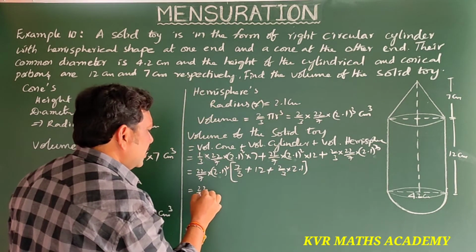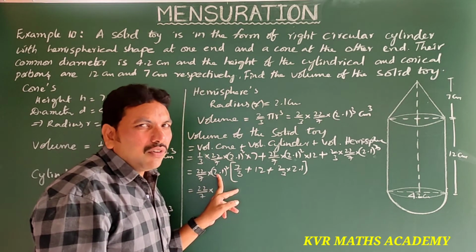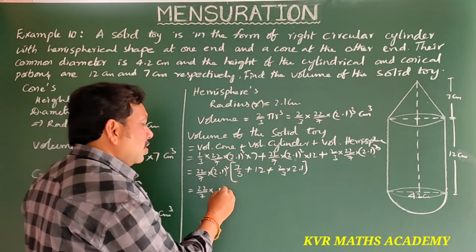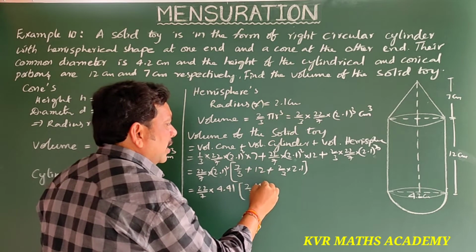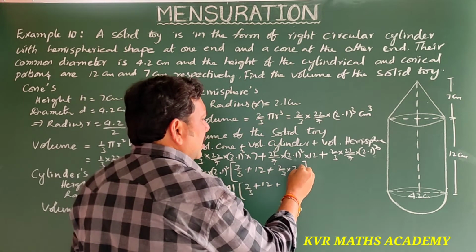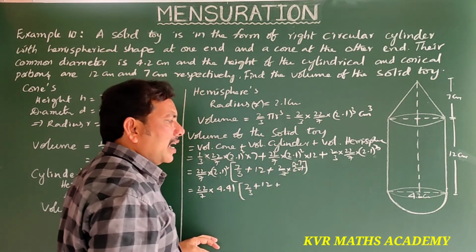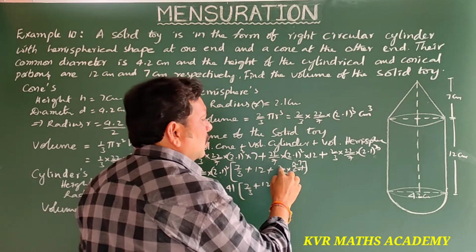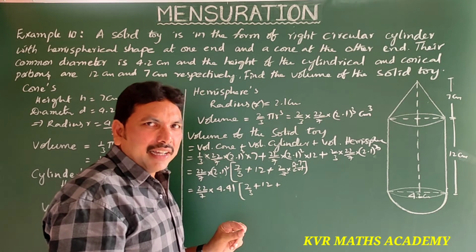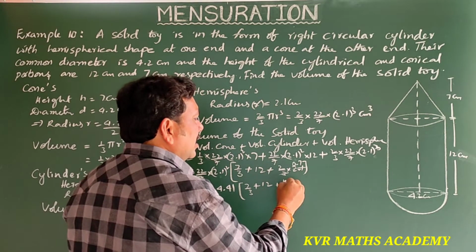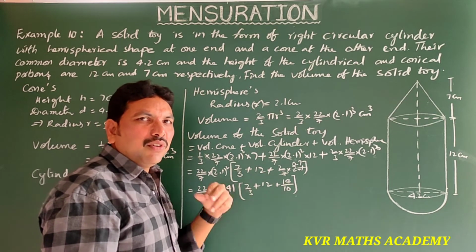That is 22 by 7 into 4.41, since 2.1 whole square is 4.41, into 7 by 3 plus 12 plus 2 by 3 into 2.1. Here, 3 gets cancelled with 0.7 times. Then 2 into 0.7 is 1.4, which can also be written as 14 by 10.